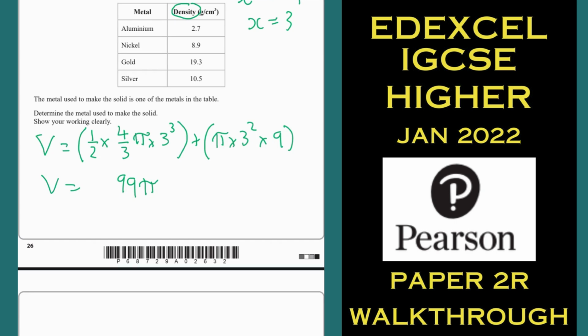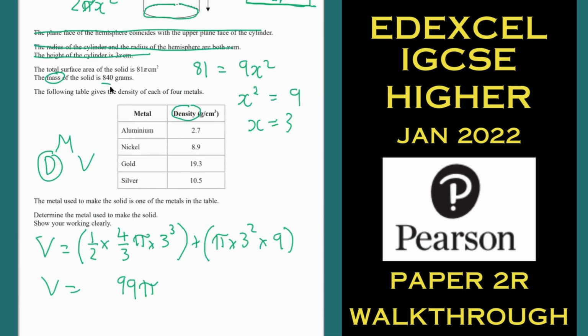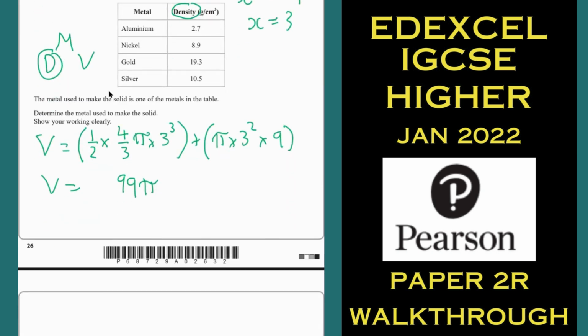Now all we need is to work out the density. Density is mass. That's 840. I'll squeeze it in here so we can still see the table.